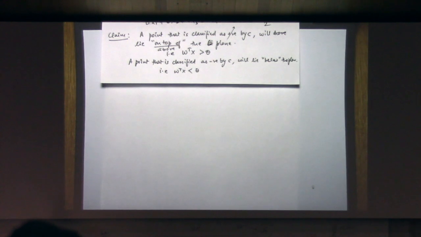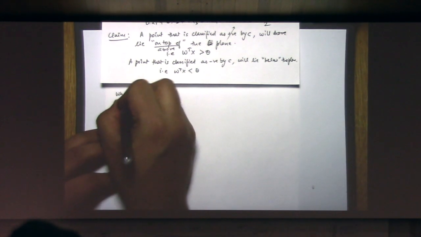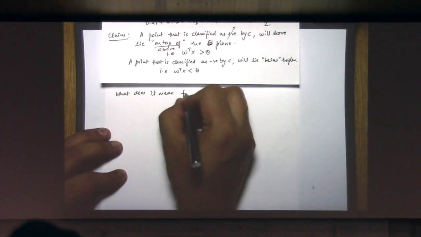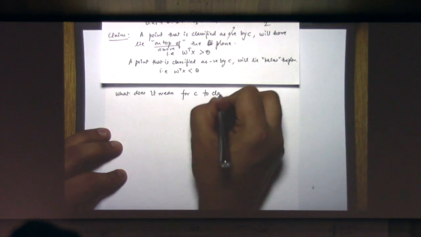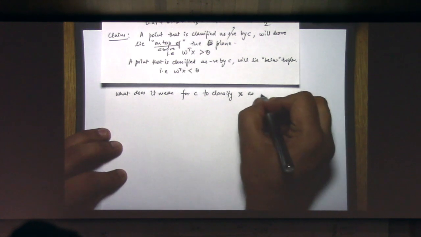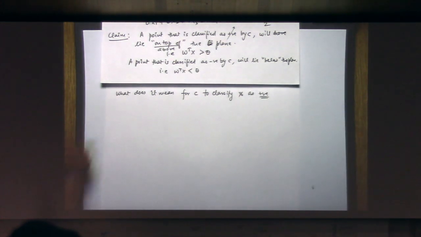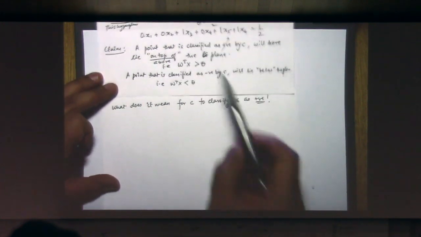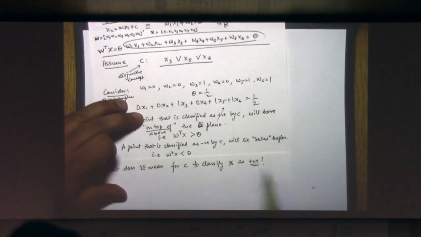So the next question that you want to think about is, what does it mean for C to classify a vector X as positive or benign or malignant or belongs to the concept, right? What does it mean? It means that at least one of these three values will be 1 in X.